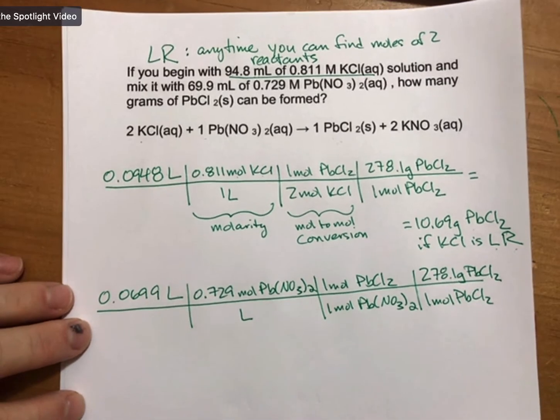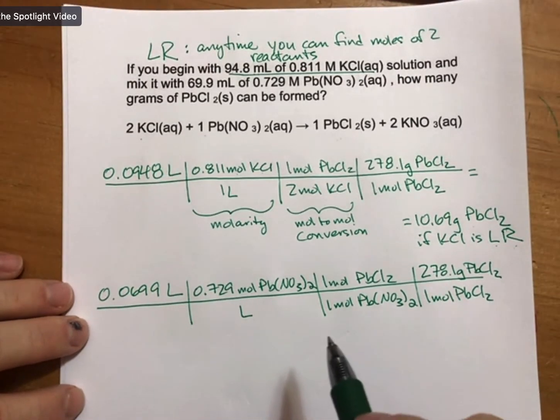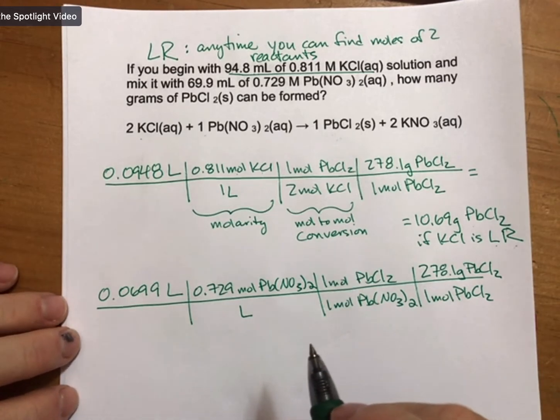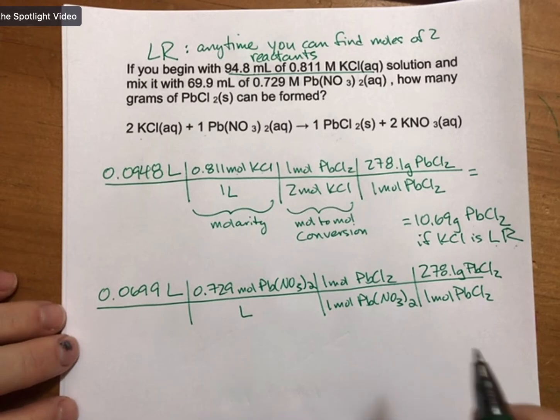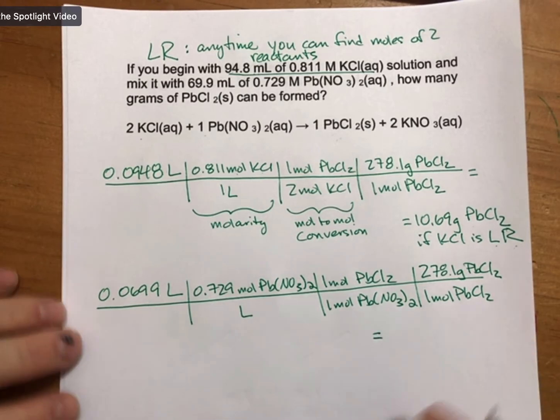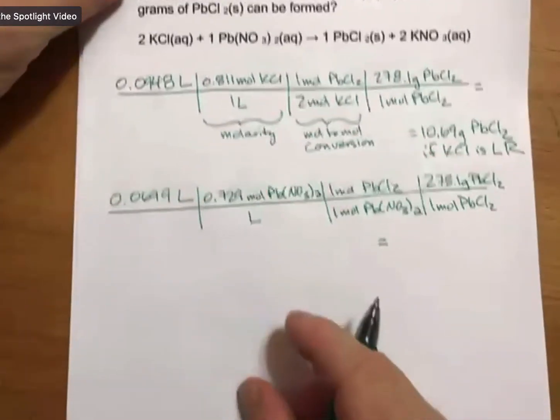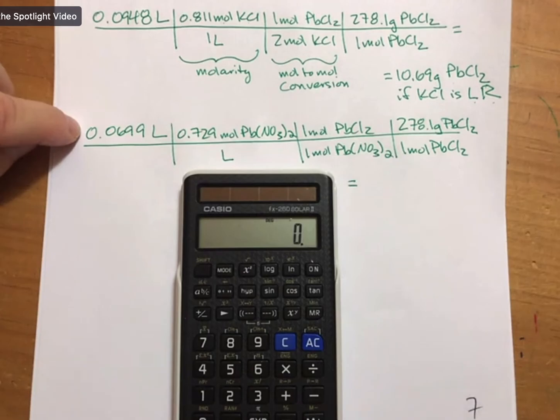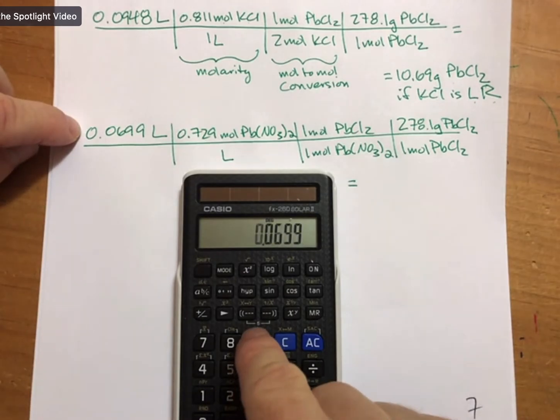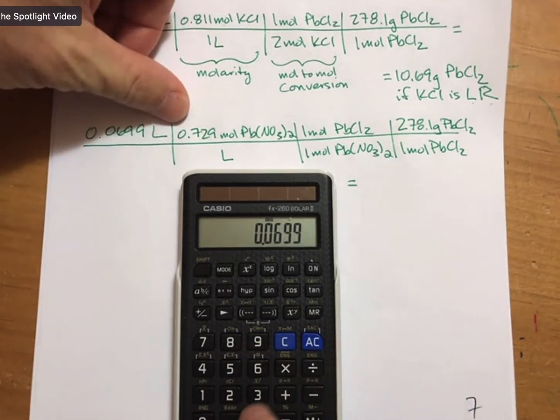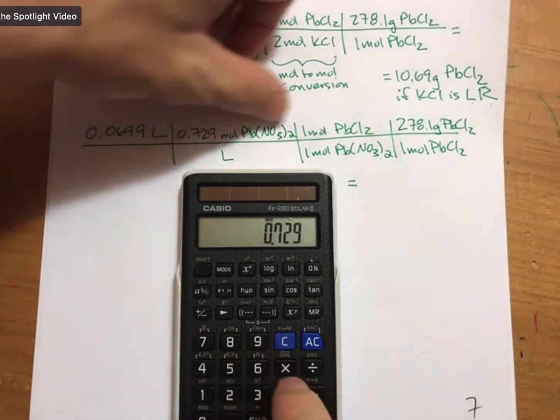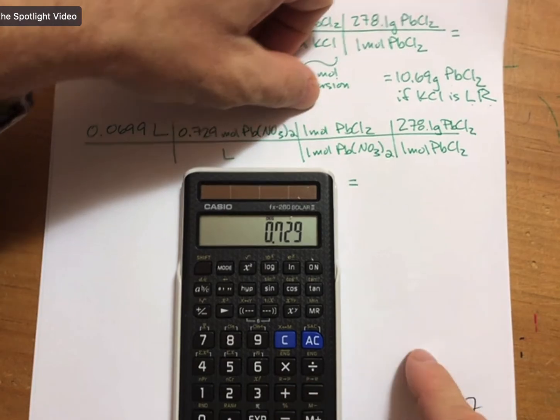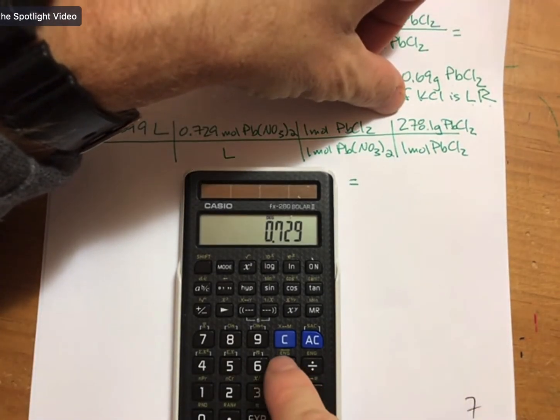And you can see we're getting quite extensive sets of calculations here for problems. Hopefully you feel like we're building this up step by step so you're ready for it. And now let's multiply this part out. 0.0699 times 0.729 times and divided by 1, so we don't have to do anything there, times 278.1.